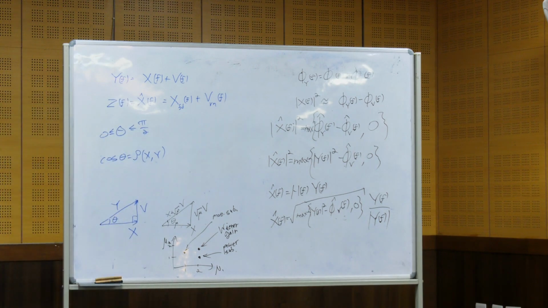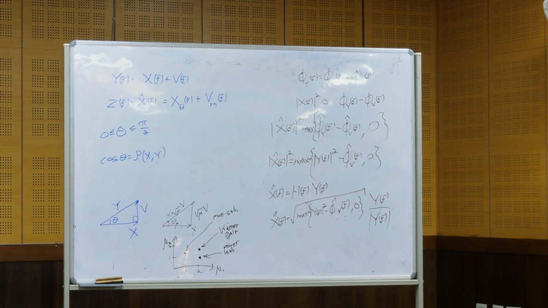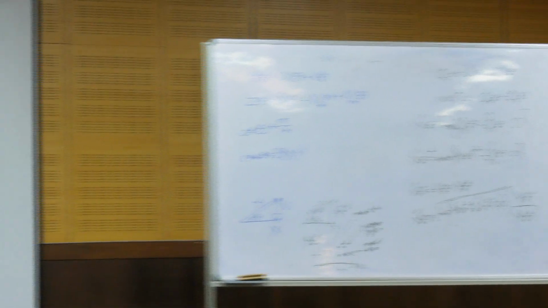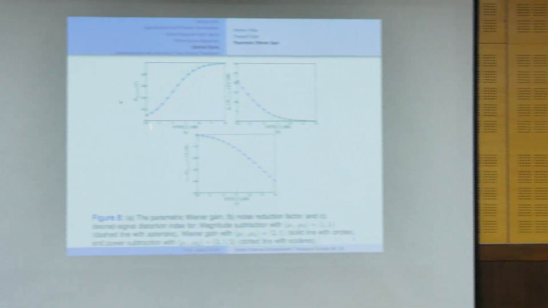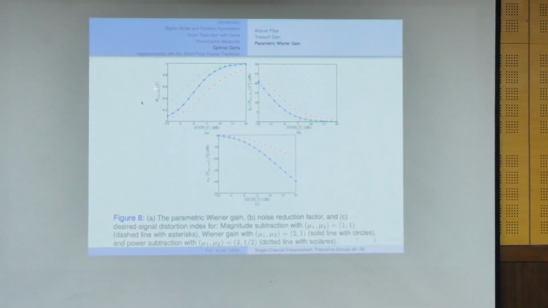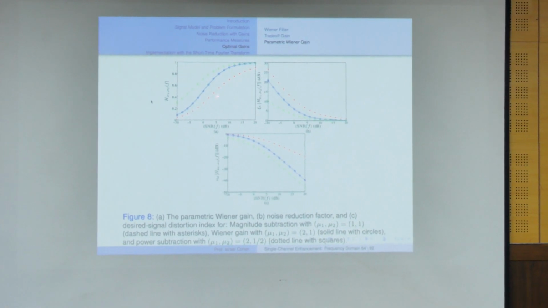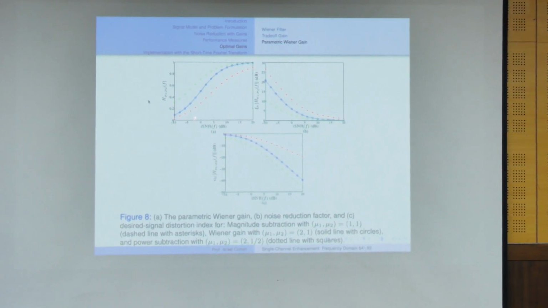So if I go to one of the examples from before, and I compare the red, blue, and green H. I tell you, one of them is the Wiener, one of them the magnitude, and one of them the power.